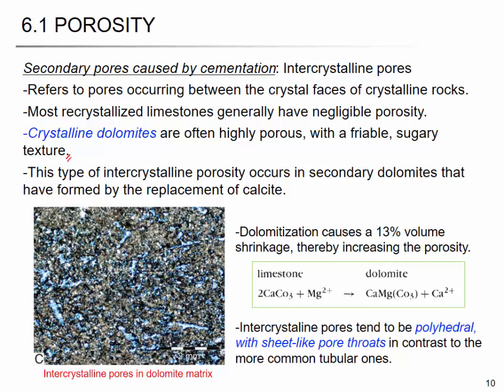The reason is that during dolomitization there is about 13% volume shrinkage. When the limestone is filled with magnesium-rich water, you have dolomitization, and the volume contracts by about 13%. So that induces the porosity.